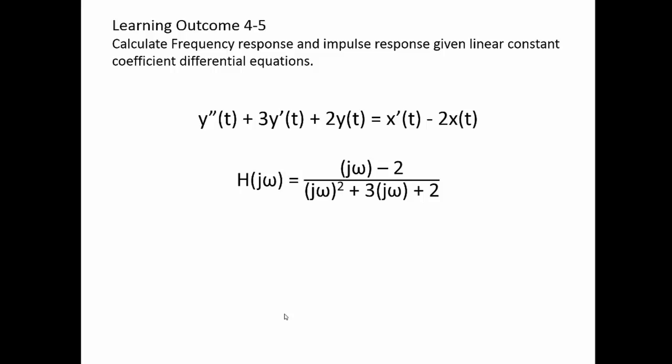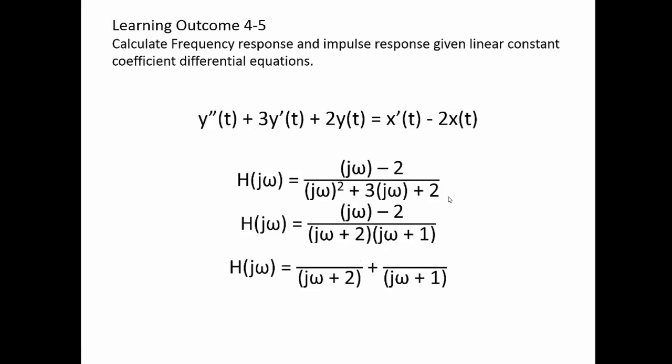Well, if we have our H of j omega and it's polynomials in j omega, we're going to factor the denominator and then use partial fractions. Okay, let's use a residual method. For this first term, what value of j omega makes this term go to 0? Negative 2.